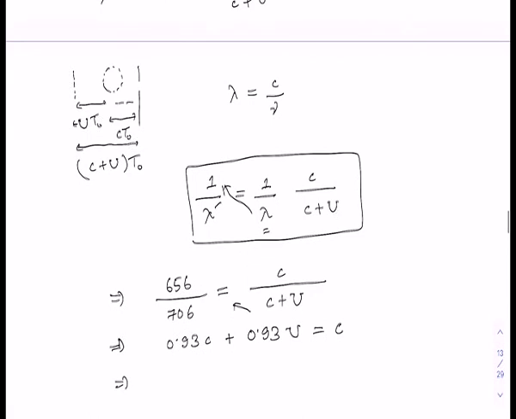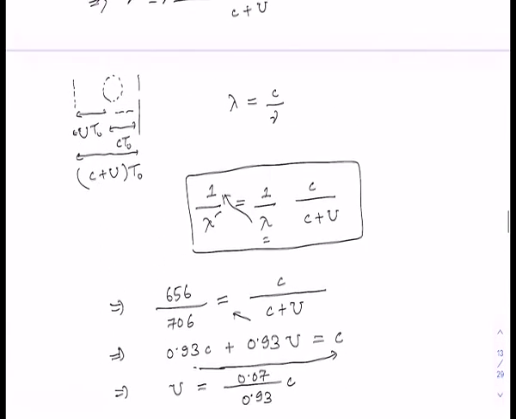And from here you can find that u would be equal to 0.07 divided by 0.93 into c.